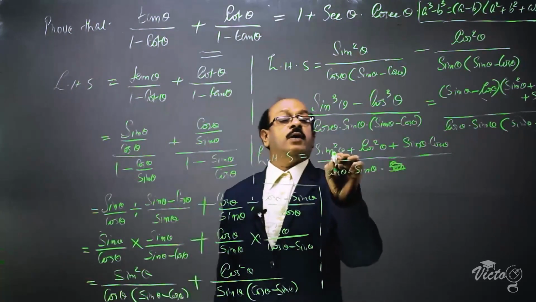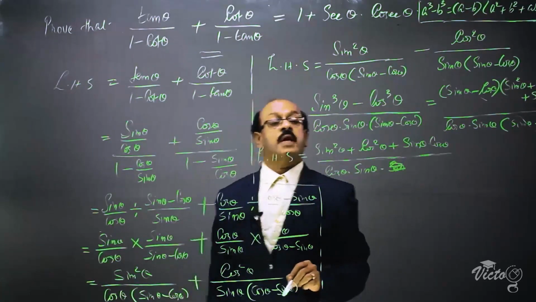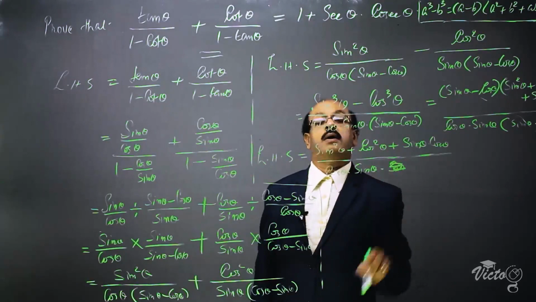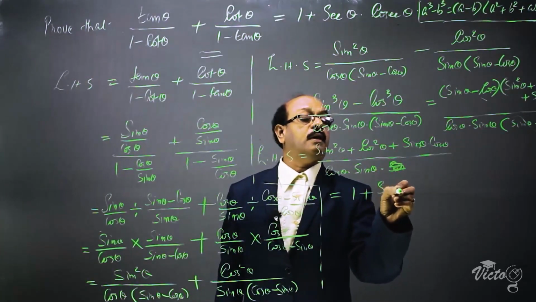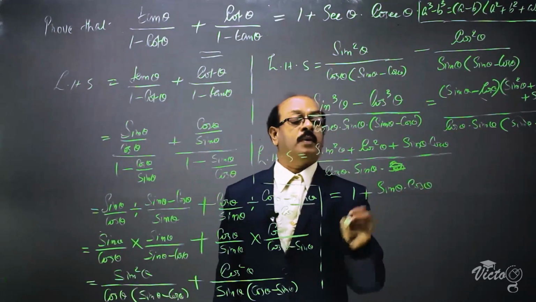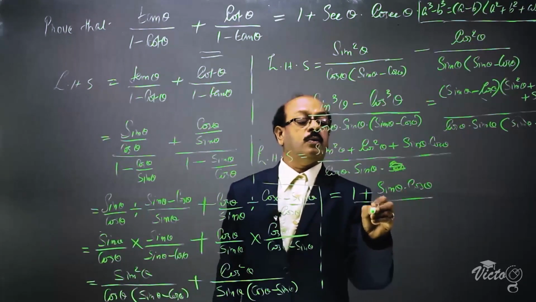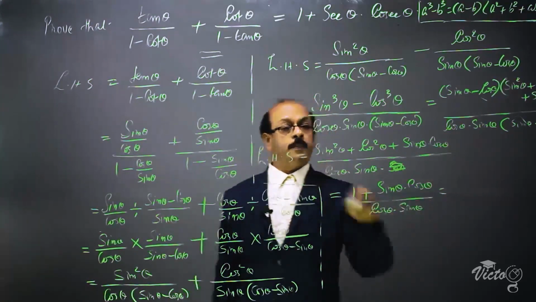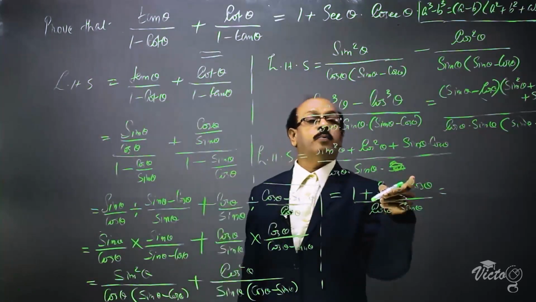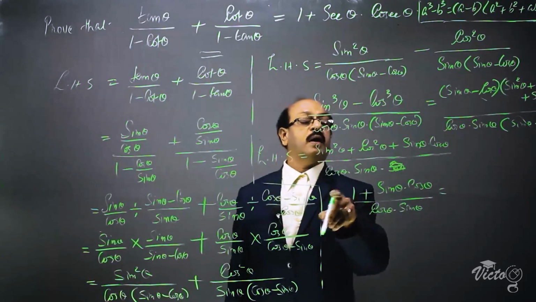Now, what is the value of sin square theta plus cos square theta? Sin square theta plus cos square theta is equal to 1. This is equal to (1 plus sin theta into cos theta), the whole divided by cos theta into sin theta. Now we have to divide separately, because in the numerator there are two terms, 1 and sin theta cos theta.